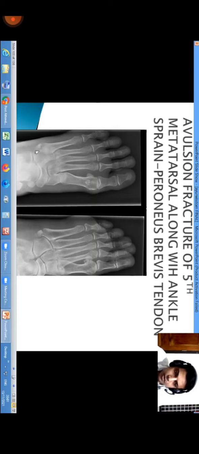This is an avulsion fracture of the fifth metatarsal bone because the pull of the peroneus brevis tendon, attached to the base of the fifth metatarsal, is causing this avulsion fracture. We can manage this fracture with a splinted bandage, an L splint and a parallel splint, and we can manage it conservatively.